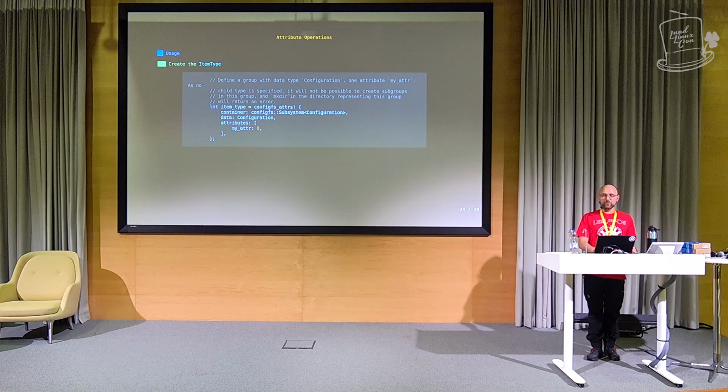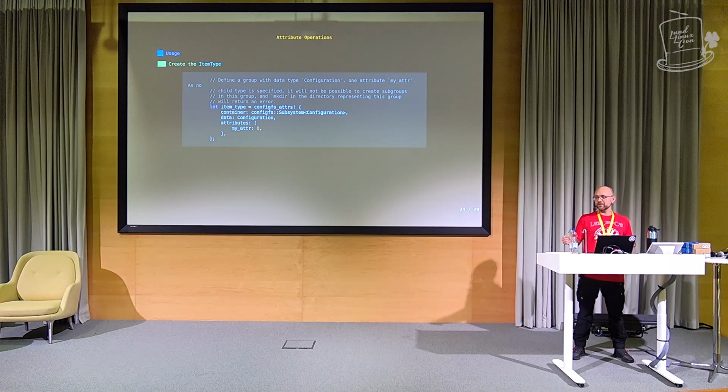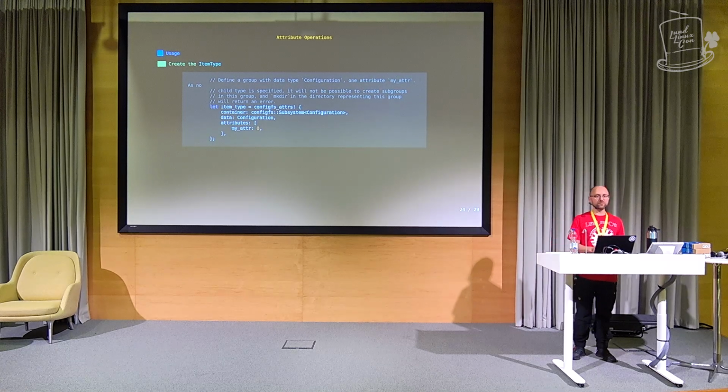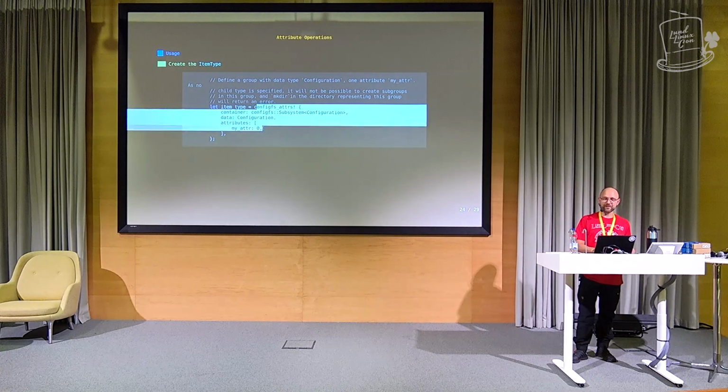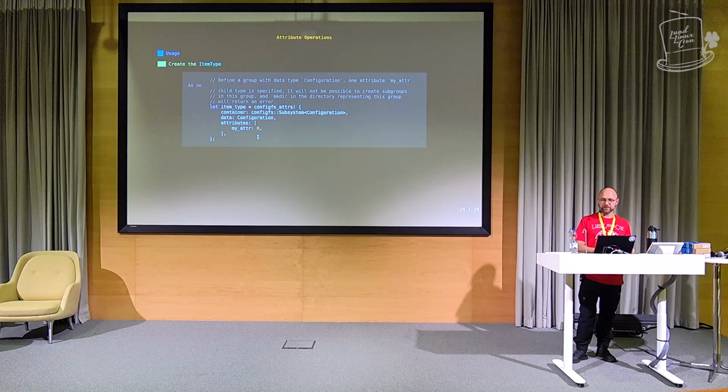So how will we use this? Like the TV chefs, I cheated at home and made a macro that wires all this up together. And the way we can use it is we call this macro Configfs attributes, and we put our subsystem in this case, and we have the configuration struct that stores our data. We have to repeat that here for reasons. And then we have one attribute, which we call my attribute, and we give it index 0.